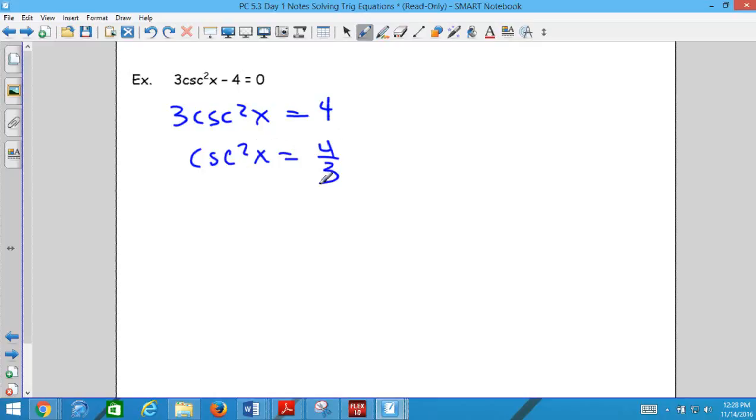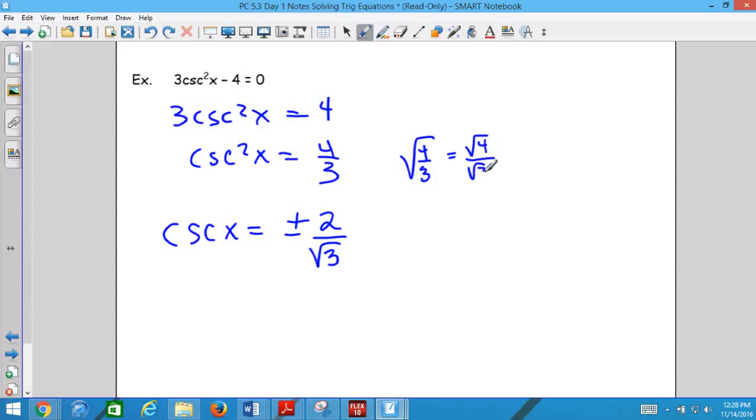We're going to square root, but if I square root, I need plus minus. Okay, because I square rooted 4 over 3, which is the same thing as square root of 4 over square root of 3, which is 2 over radical 3.